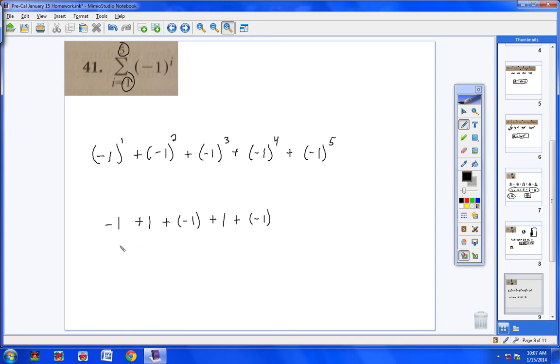So here we go. We have a -1, a -1, and a -1. That's a -3. We have a +1 and a +1. That's a +2. And then combine those, you get a -1. If you just wanted to take your calculator and simply type -1 plus 1 plus -1 plus 1 plus -1, either way, you will get out -1 for your answer.